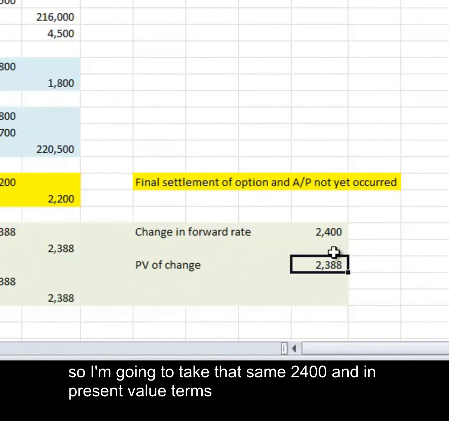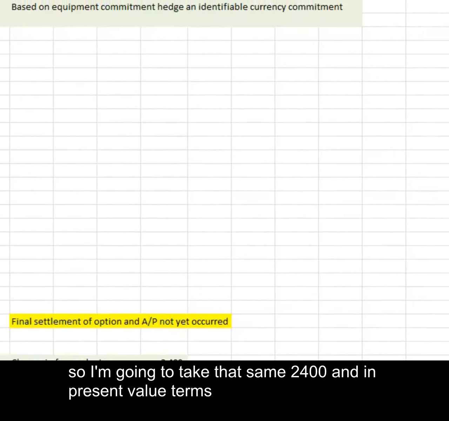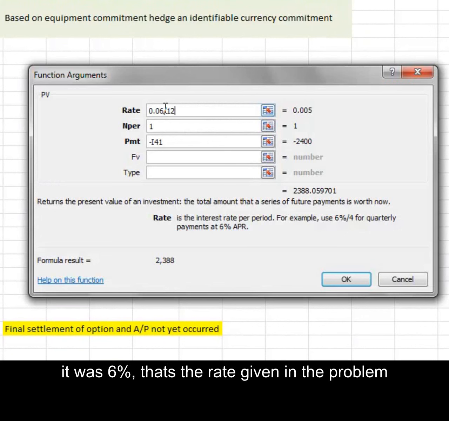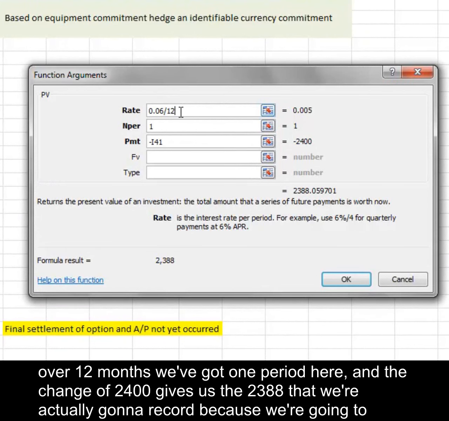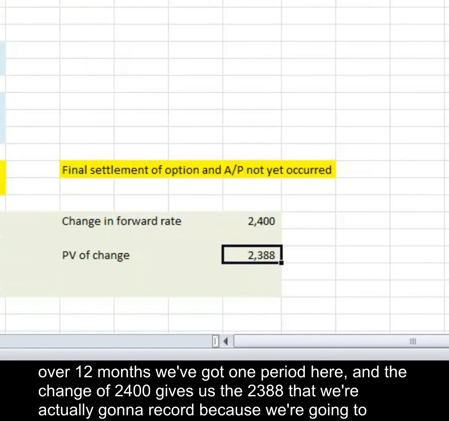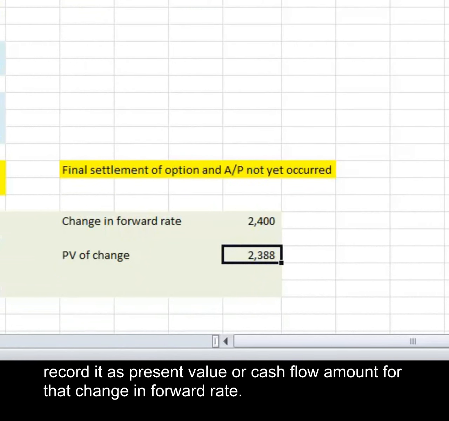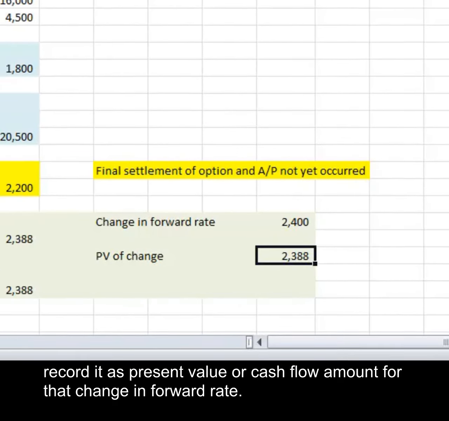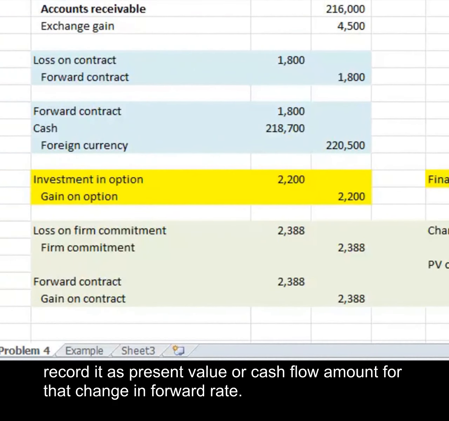So I'm going to take that same 2,400, and in present value terms, it was 6%, that's the rate given in the problem, over 12 months. We've got one period here, and the change of 2,400 gives us the 2,388 that we're actually going to record, because we record it at its present value or cash flow amount for that change in forward rate.